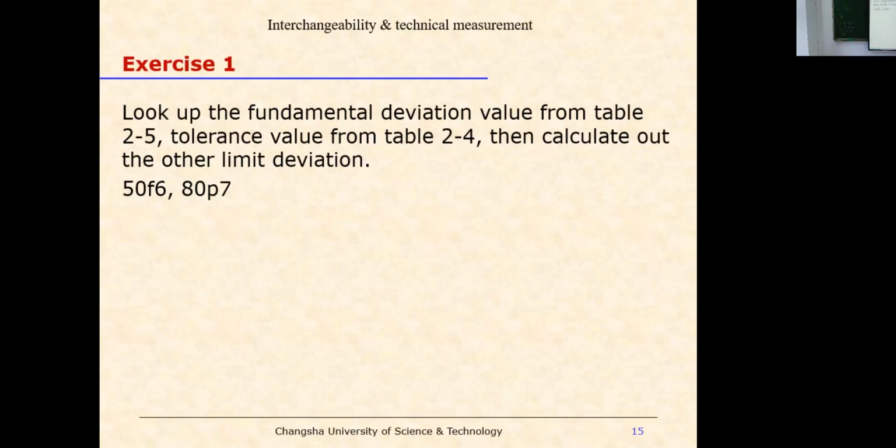Here from the zero is 30. And then you can calculate the upper deviation is 62. I think everyone can know how to find the table. This is very basic skill for the engineers.